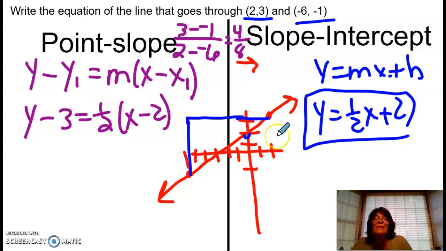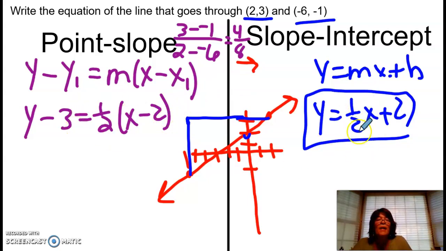And sometimes we can stop right there. That's point slope form. It's another form just like this one. Okay, it's just when I look at this, instead of knowing the slope and the y-intercept, I know the slope and a point. Okay, I can say, oh, the slope's a half, and it goes through the point (2, 3).